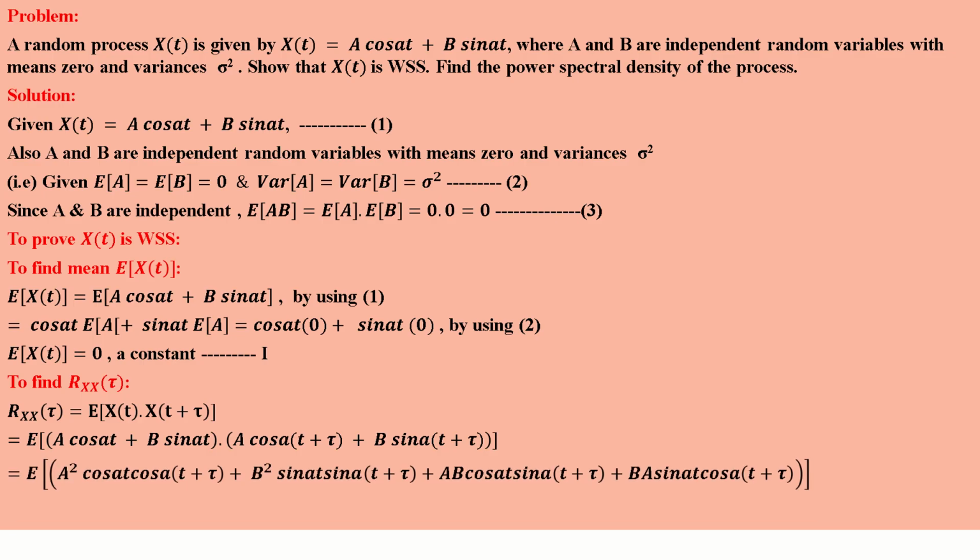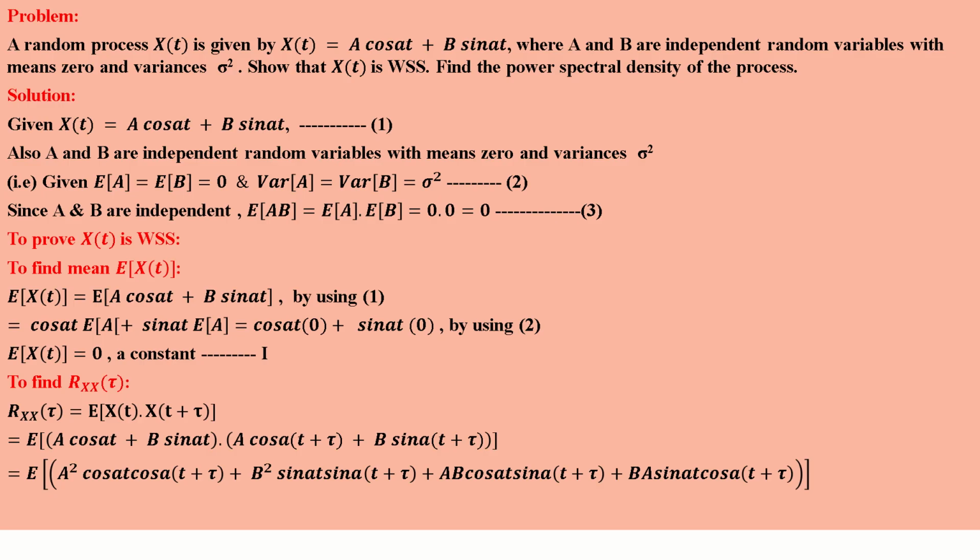Multiplying each and every term: first bracket first term, second bracket first term, A² cos αt cos α(t+τ). Then first bracket second term, second bracket second term, B² sin αt sin α(t+τ). First bracket first term, second bracket second term, AB cos αt sin α(t+τ). Then first bracket second term, second bracket first term, BA sin αt cos α(t+τ).